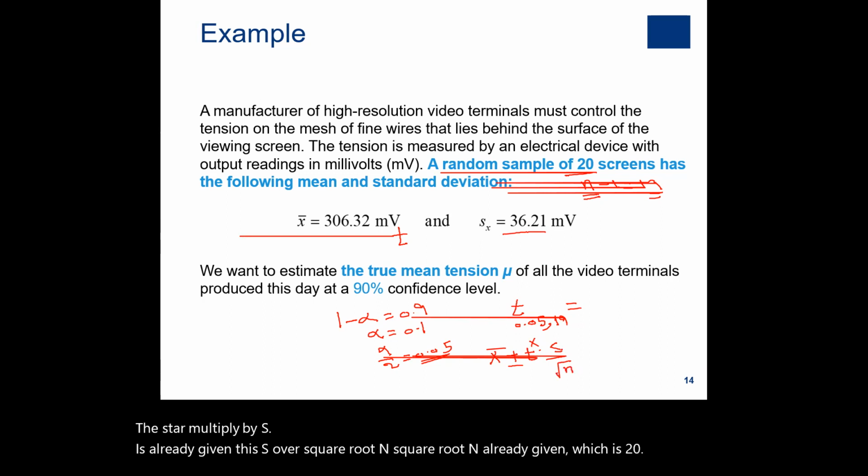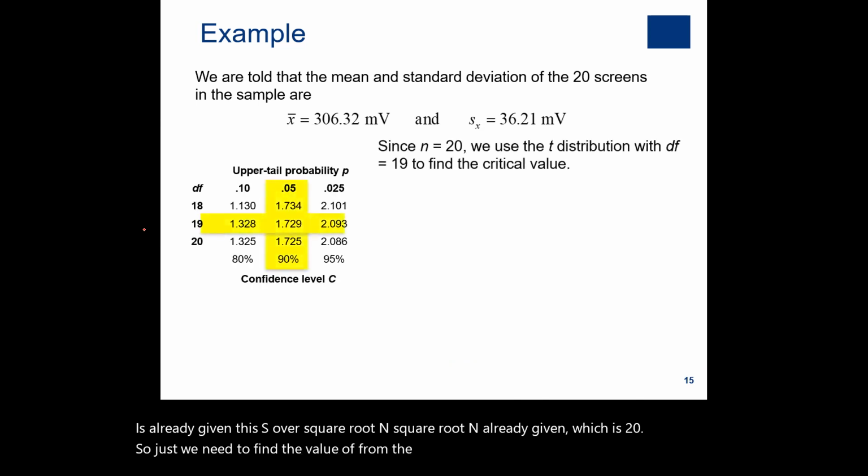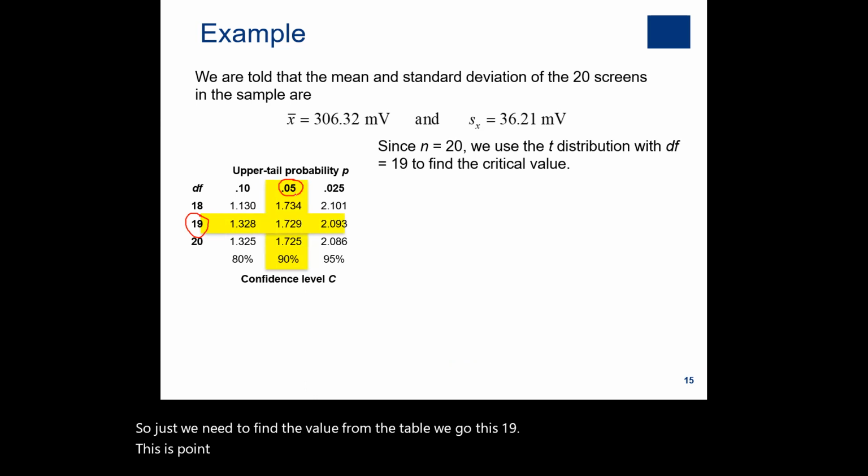We go to the table, this is 19, this is 0.05 because we are using 90%. So this is the value of T star.